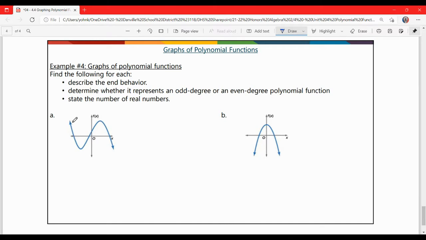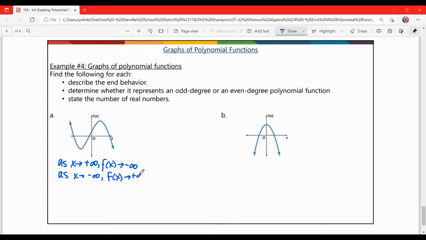So if we look at letter A, our end behavior is as x approaches positive infinity, f of x is going to approach, well, as my x gets bigger, my y's get smaller. So I'm going to say negative infinity. As my x's approach negative infinity, my f of x's are approaching, well, as my x's get smaller, my y's get bigger.